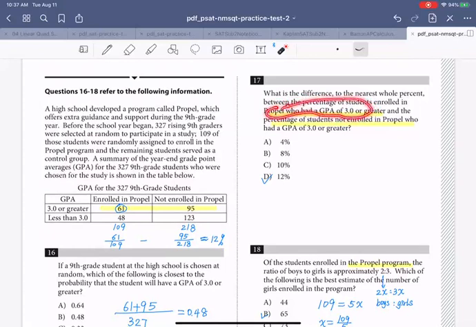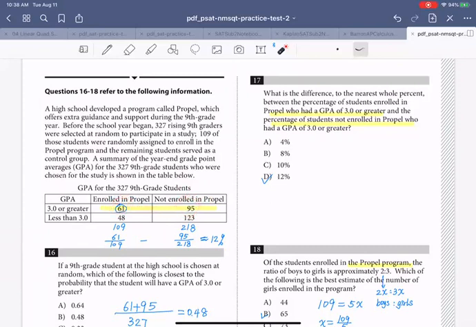Since they do these two different programs, they want to check if this program helps students increase their GPA. So 61 has to be divided by your total sample, and 95 has to be divided by your total sample. Then you are comparing the percentages. You cannot compare these two numbers directly.